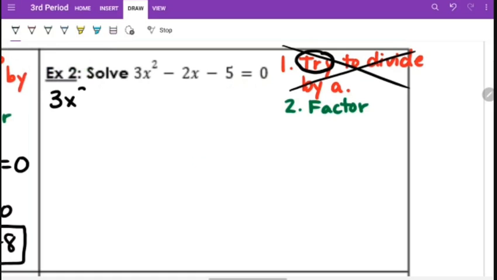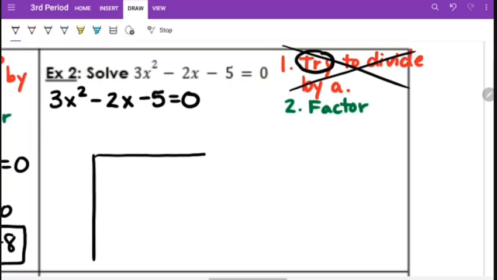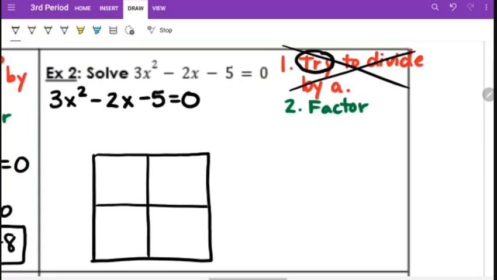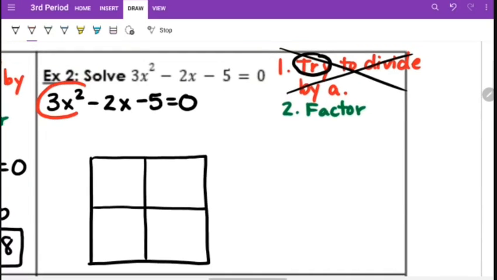If I want to factor 3x squared minus 2x minus 5, I'm going to start with my generic rectangle just like usual. The first term always goes in the upper left corner.